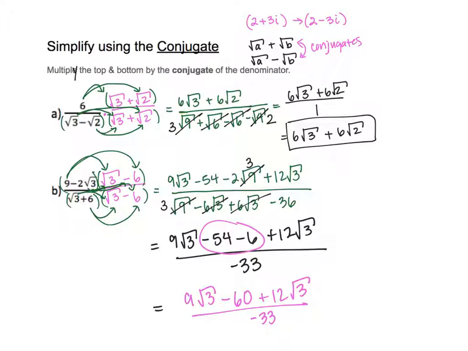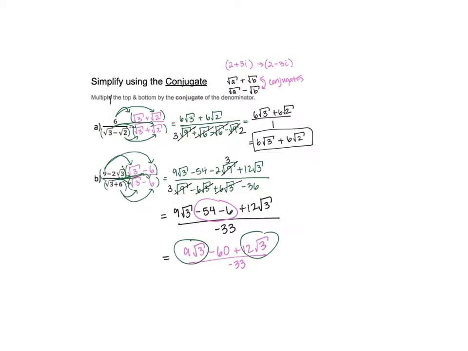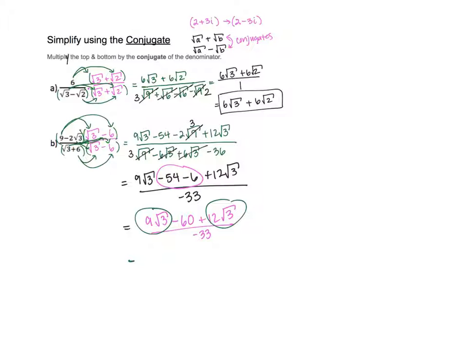Now, some of you might have been like, hey, Miss Shang, there's a square root of 3 and another square root of 3. Those are like terms. We can combine them. And yes, you are right. So in this case, I can combine these two here because they both have the square root of 3. So 9 plus 12 gives me 21 square root of 3 minus 60 over negative 33.